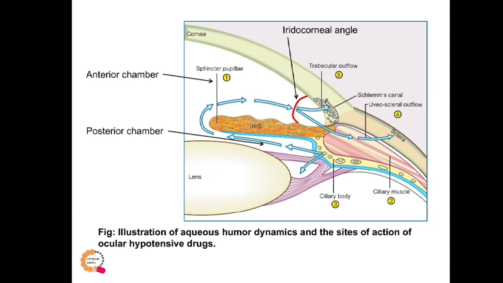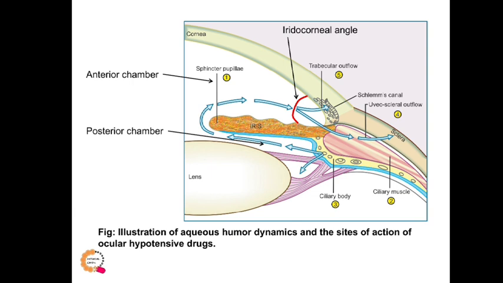And one more thing, in open angle glaucoma, this trabecular meshwork becomes blocked due to various reasons, like contraction.